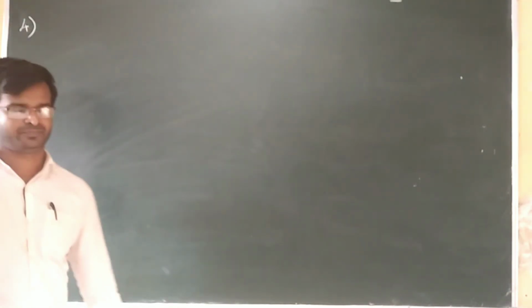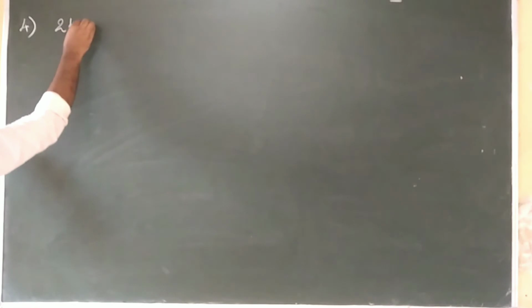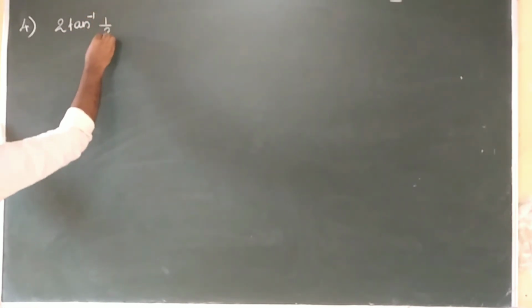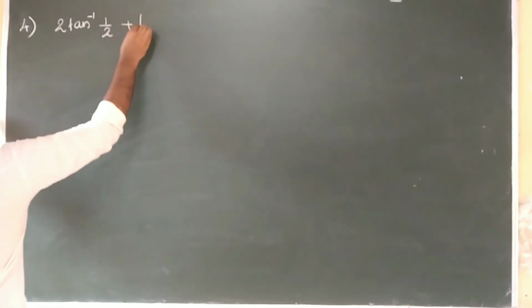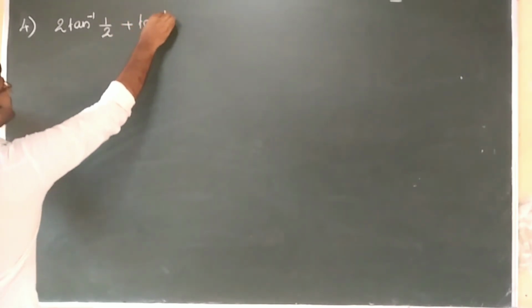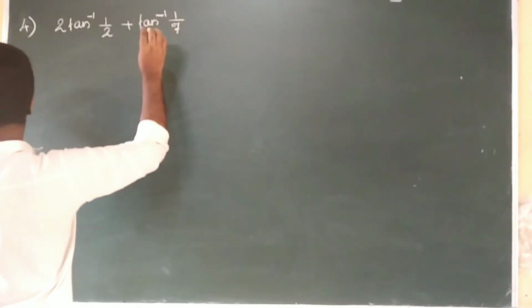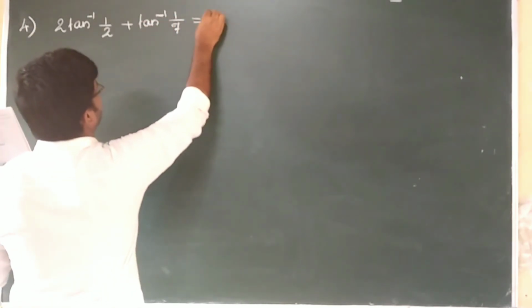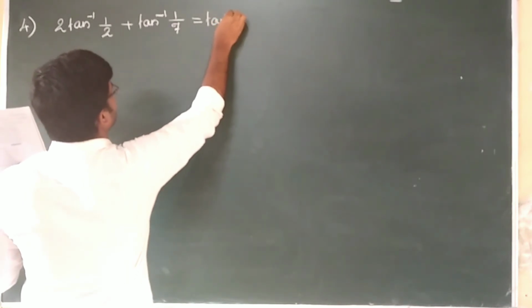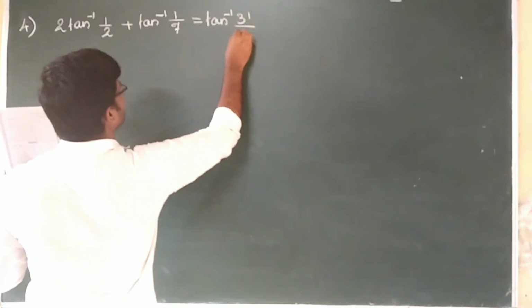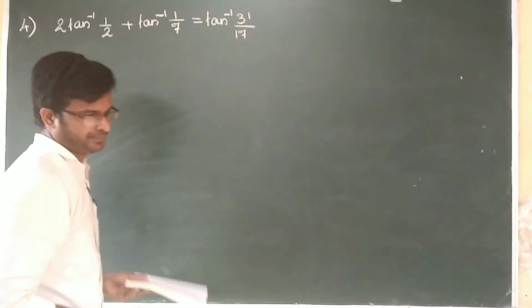Now we can see question number 4. Question number 4 is 2 tan inverse 1 by 2 plus tan inverse 1 by 7 equal to tan inverse 31 by 70.